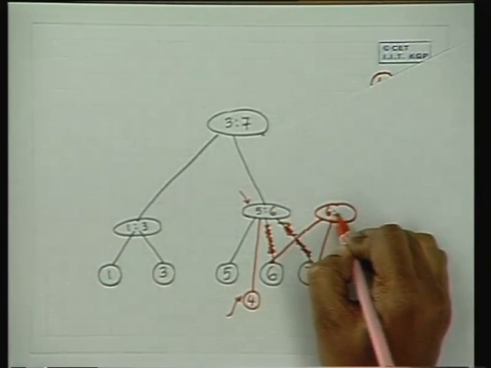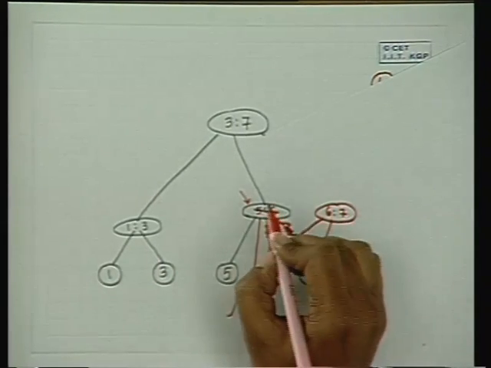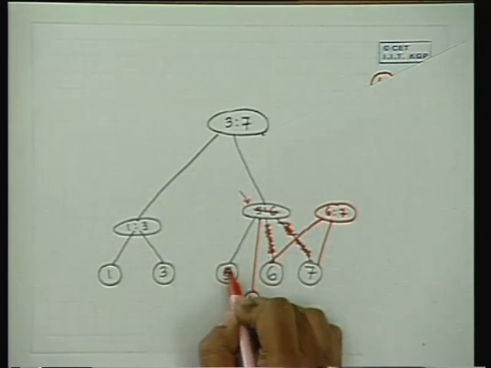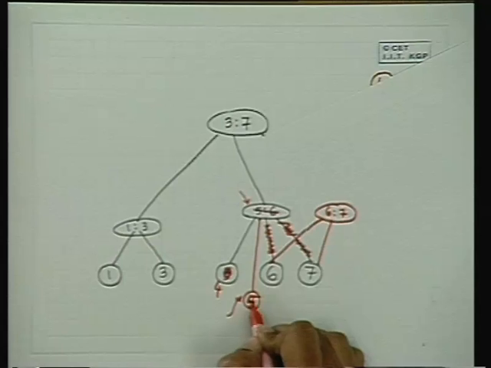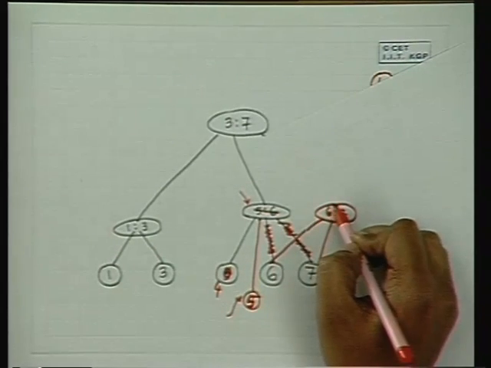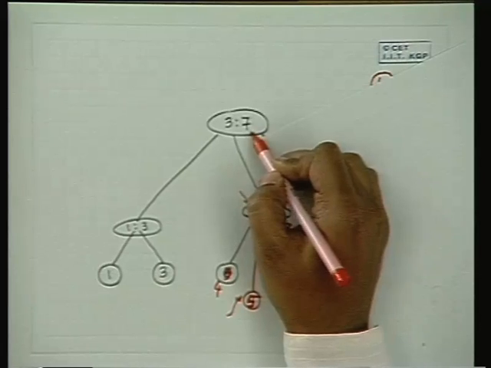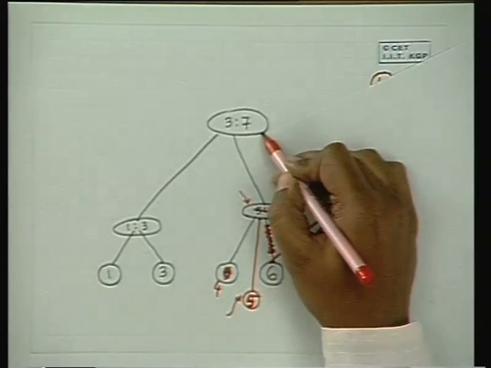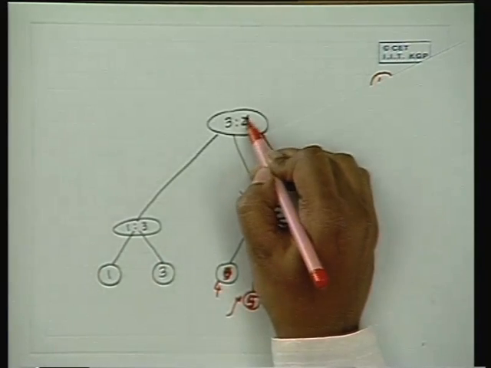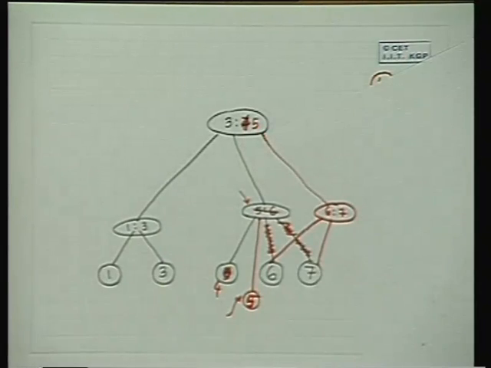So this will be 6, 7. 4 will be the left and 5 will be the right now. Left and right, let us ensure. And then this will be inserted here and made the middle, and this value will become now 5. This is what will happen.